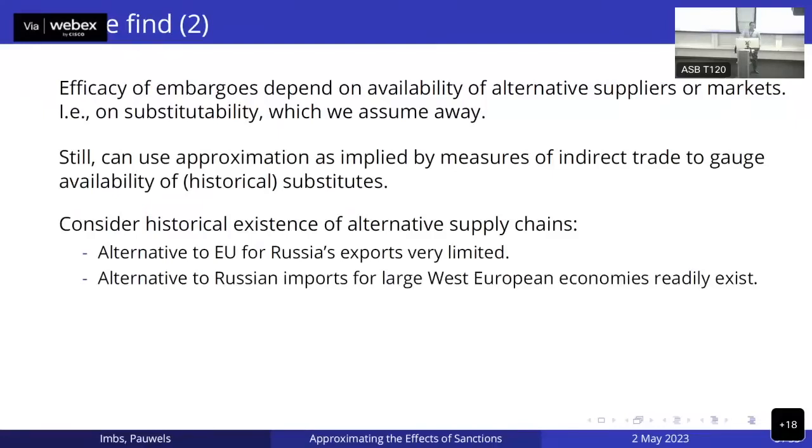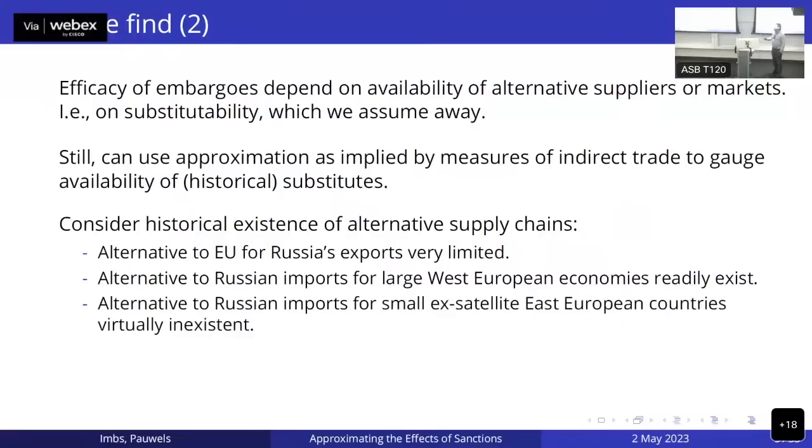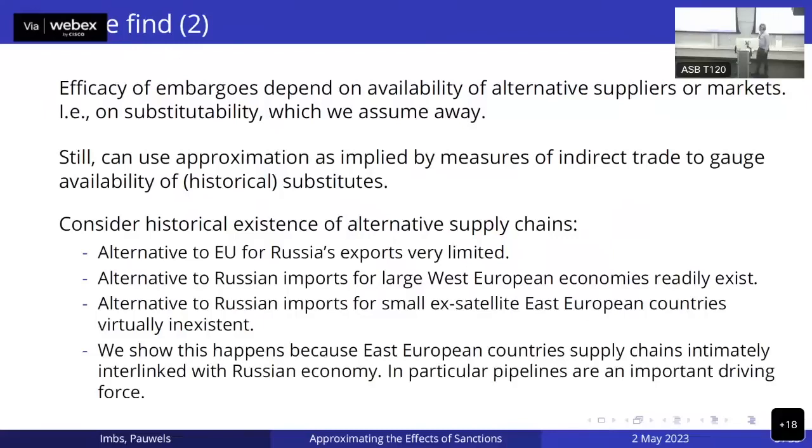We find that across the EU, large economies in the EU already have historical alternative supplies for energy, but the small Eastern European economy seems to be mostly affected, and their alternative markets are much less available to them than for larger European economies.